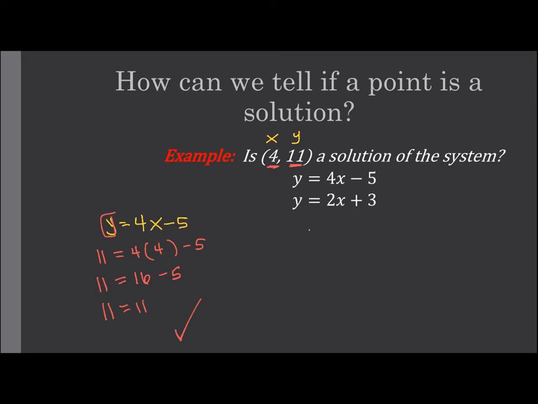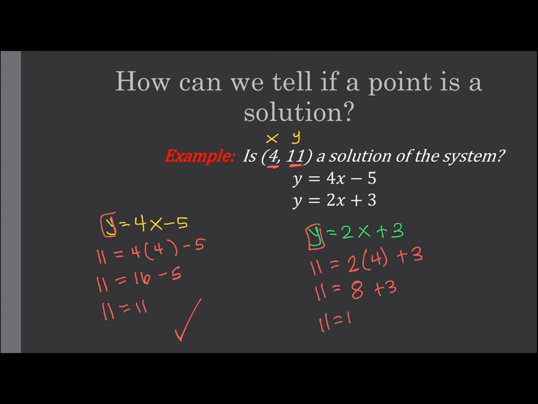Now let's try the second one. y equals 2x plus 3. I'm plugging in 4, 11 still. So in for y, we know y is 11 equals 2, plug in for x, x is 4, and then plus 3. So 11 equals 2 times 4 is 8, plus 3, 8, 9, 10, 11.